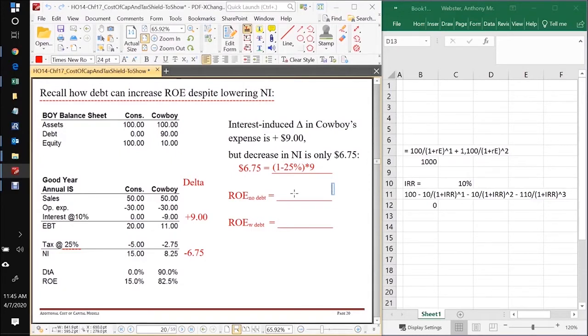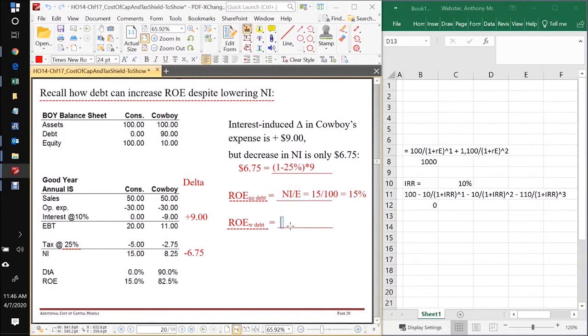Remember, very important about this was that this leverage had a huge effect on ROE, right? So the ROE with no debt is equal to our net income divided by equity, right? And that's equal to 15 over 100 equals 15%.